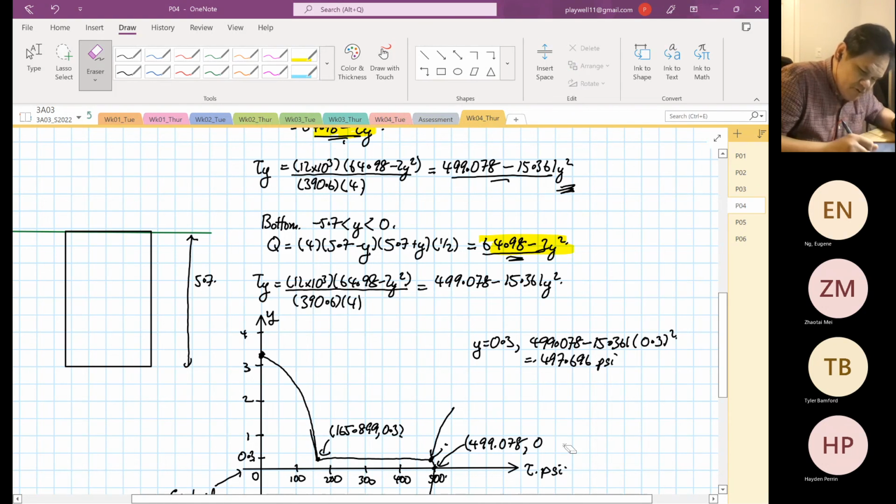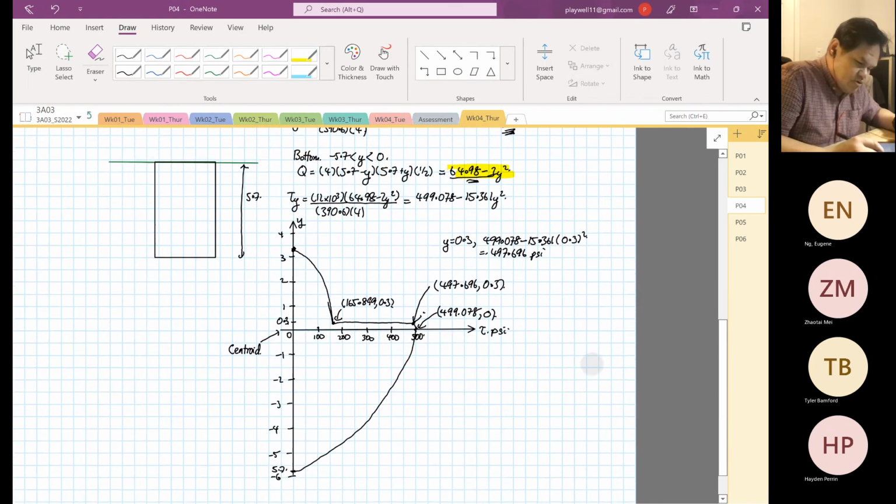Oh, sorry, the first value, this one should be 0. I beg your pardon. And this is 497.696 at 0.3. So that's how your sketch looks like.